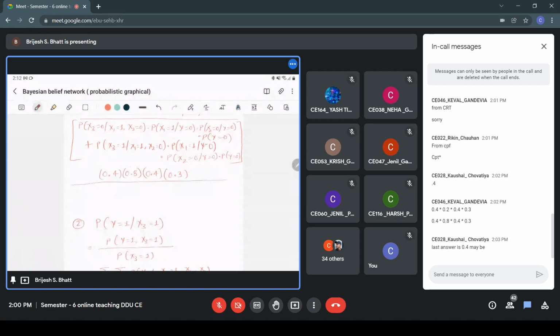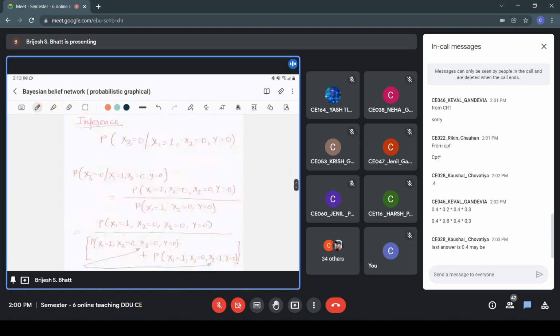Divided by the same thing repeated first, and plus what? Probability of x3 equal to 1 given that x1, x2 are 1, 0.